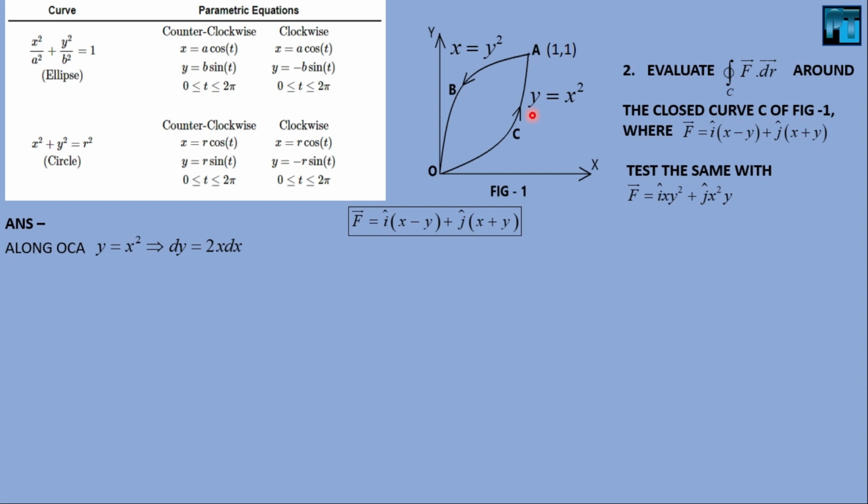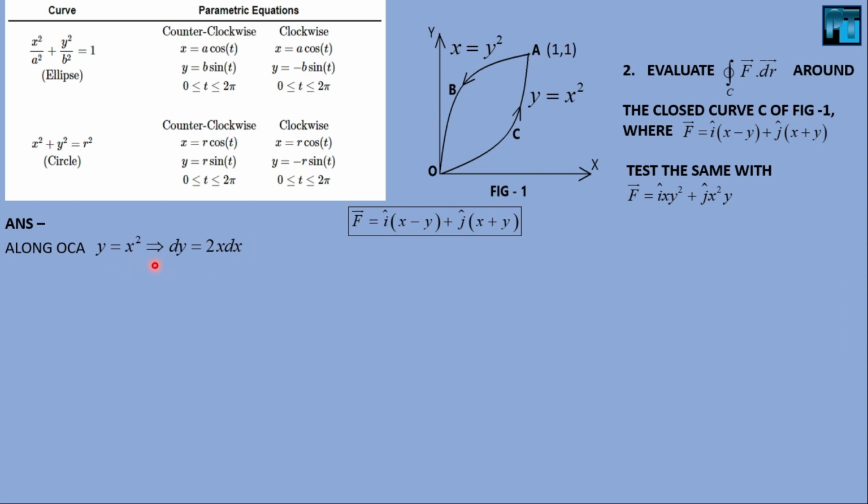But if I convert y into x, everything is simple. See, y equal to x square and dy equal to 2x dx. It depends upon me; whichever is simple, I will follow that path.